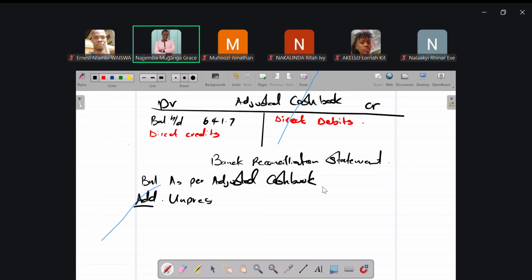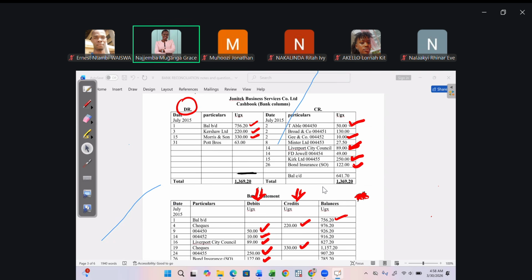Unpresented checks which had been deducted, we add it back. Then we less uncredited. So do we have unpresented checks? Unticked on the credit side. 004451.